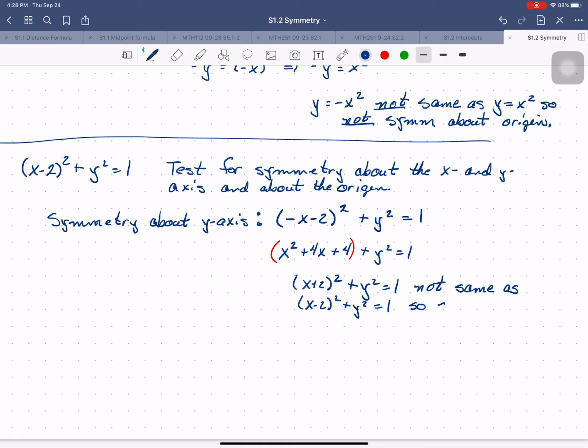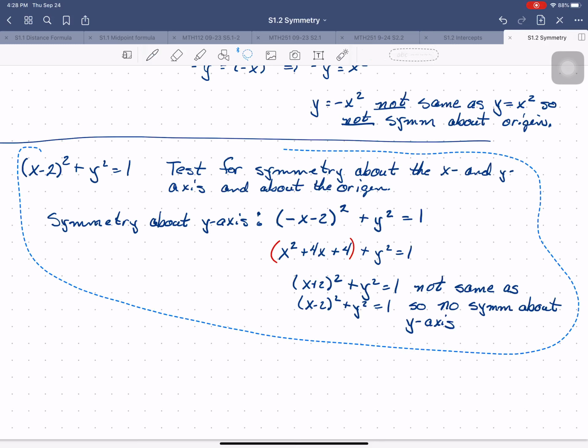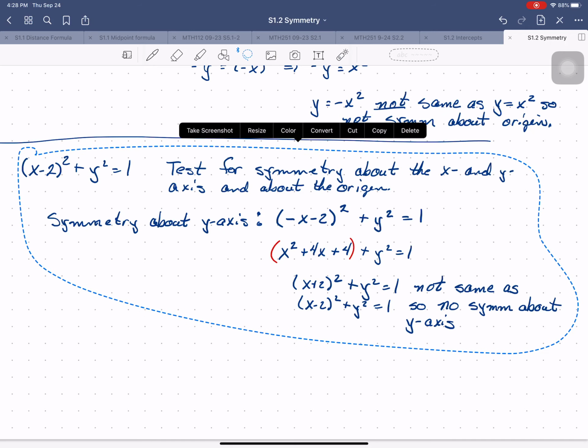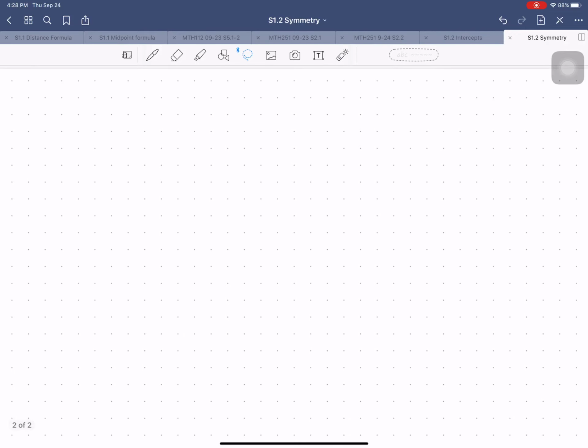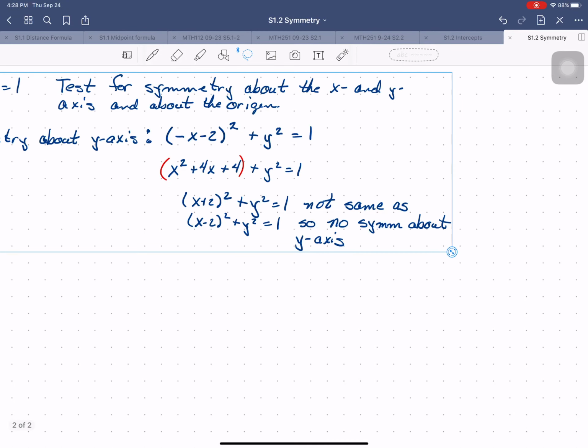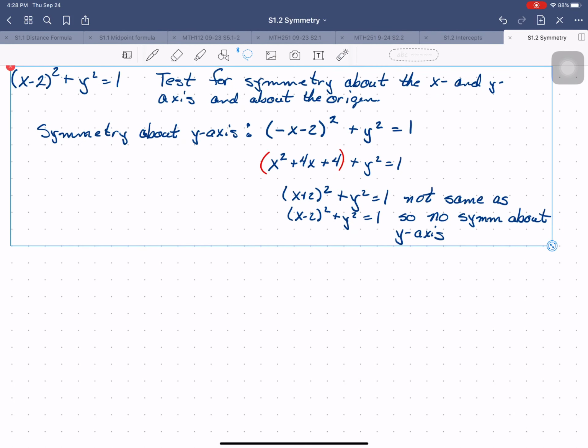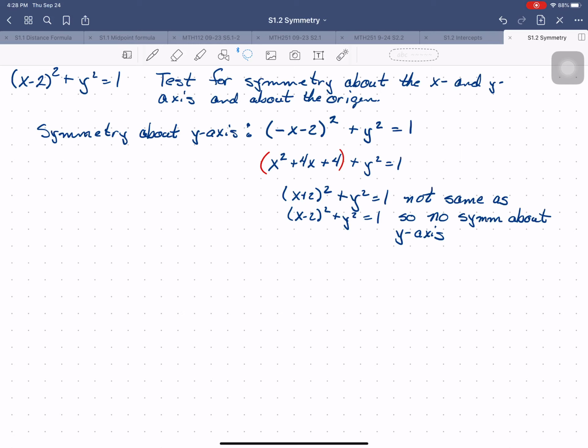So, no symmetry about the y-axis. Okay, let's move this to another page. So we don't have any symmetry about the y-axis.